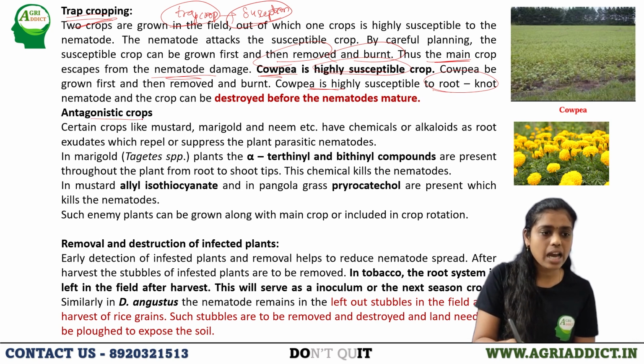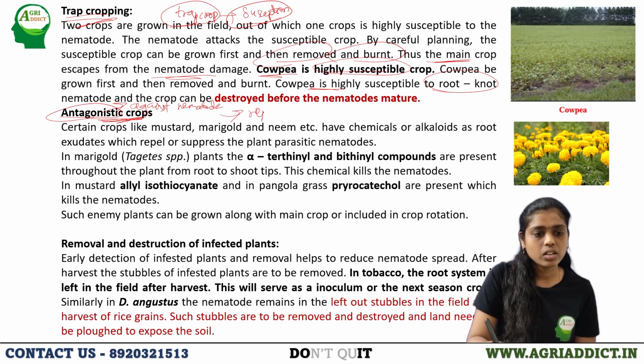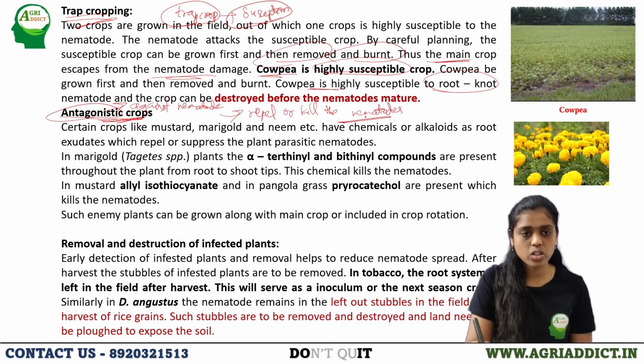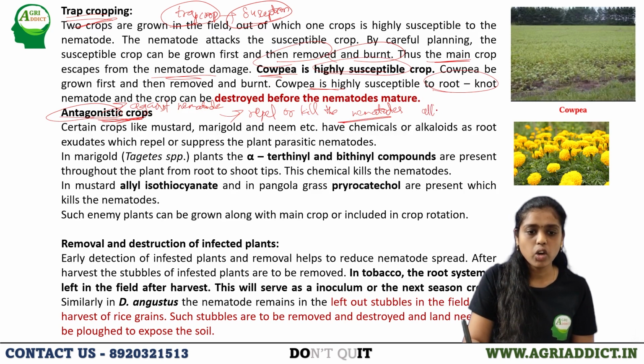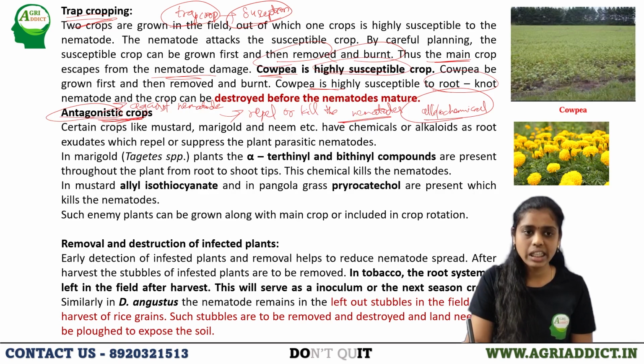The next method is the use of antagonistic crops. Antagonistic means against nematode. Here these crops are used to repel or kill the nematodes, because the root exudates of these plants contain certain allelochemicals which will affect the nematode population or kill the nematodes.